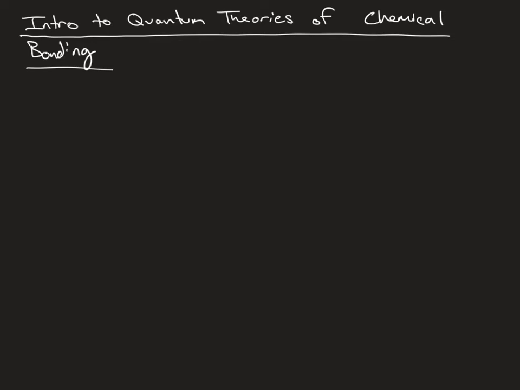In this video, we're going to discuss quantum theories of chemical bonding. One of the most important developments in chemistry came in 1916 when G.N. Lewis developed his concept of chemical bonding from the standpoint of sharing electrons and transfer of electrons between atoms fulfilling so-called octets.